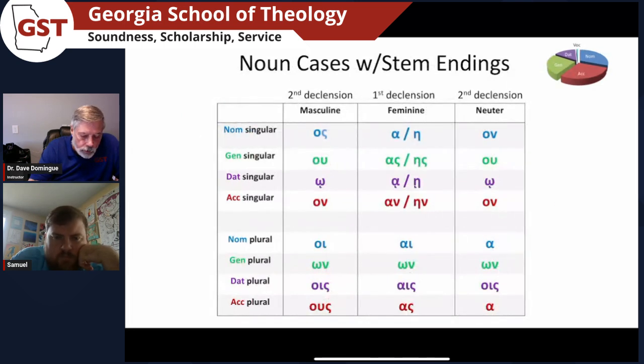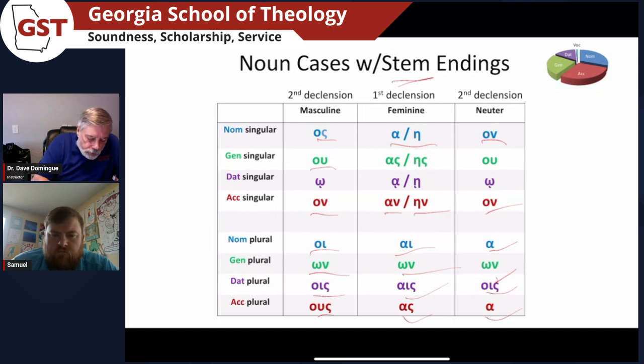Okay, and so now with the stem endings, there's omicron sigma. There's no stem, there's just the stem endings. Omicron nu. So it's os, ou, o, on, e, on, oi, on, ois, ous.